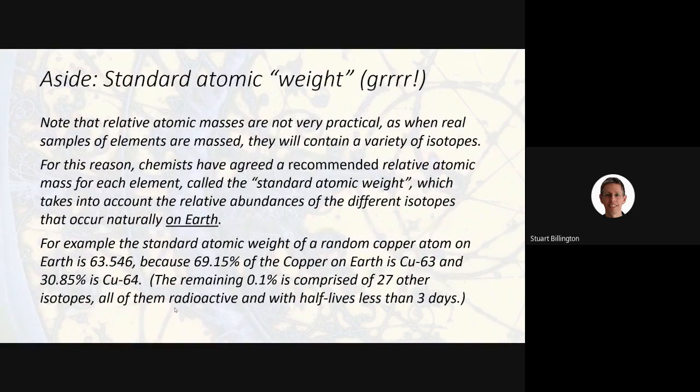Okay, before we get to that, just a little aside for any of you that are chemists. When the chemists are putting elements onto their balances to measure them, there is a small problem in that there are lots of different isotopes.